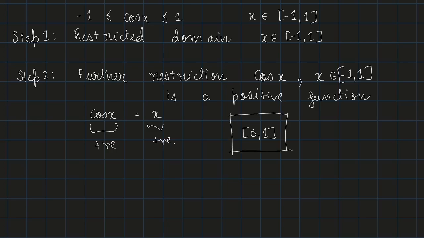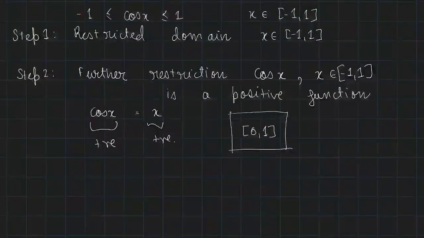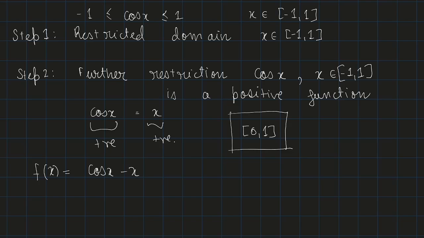Now let's see. It may happen that there is no solution, but if I have one, it is only between 0 and 1. So I check what happens to the function. Let's write f of x, which is cos of x minus x. I have essentially taken left-hand side equals right-hand side to left-hand side minus right-hand side.